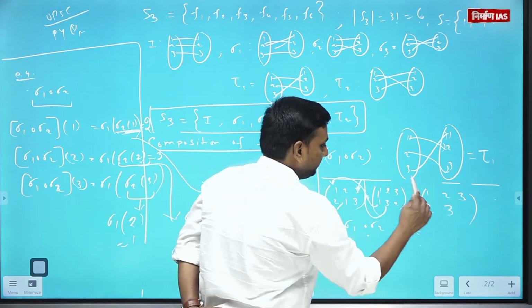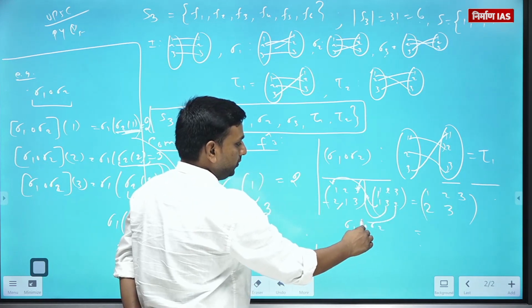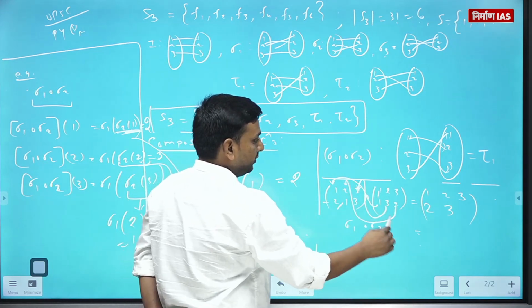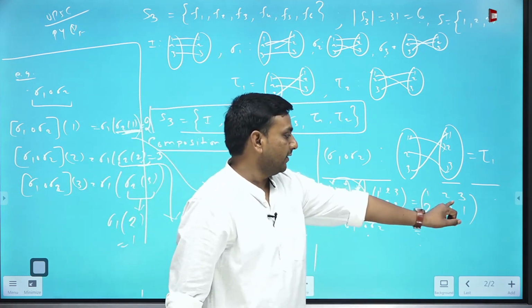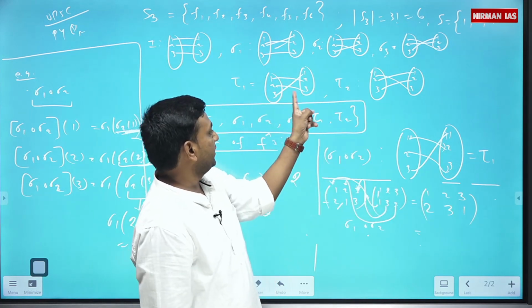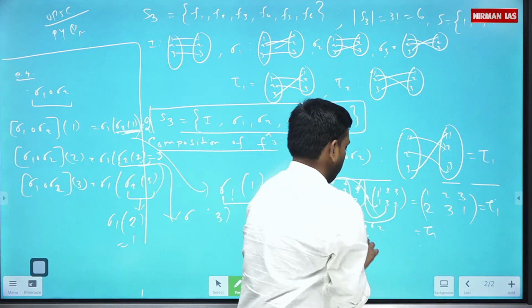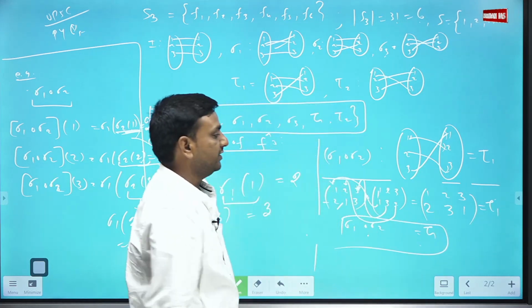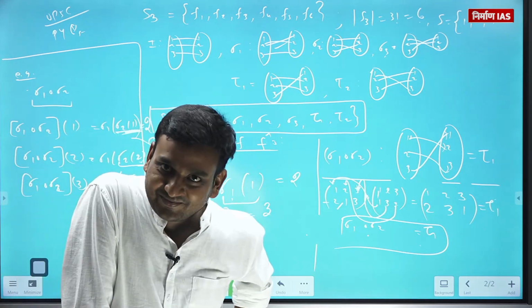So this will be 3. Image of 3 is 2 and image of 2 is 1. So it will be 1. Check it out: 1 goes to 2, 2 to 3, 3 to 1. This is nothing but tau 1 only. So what did you get, dear? Sigma 1 composition sigma 2 is tau 1. Is that clear?